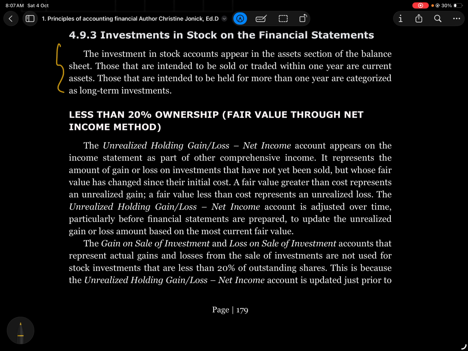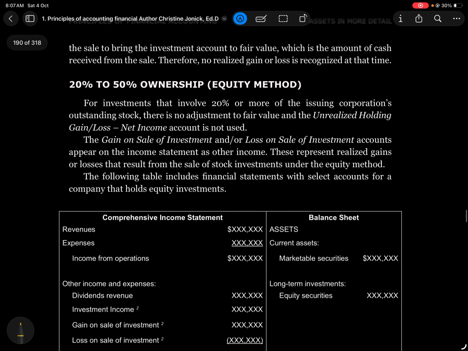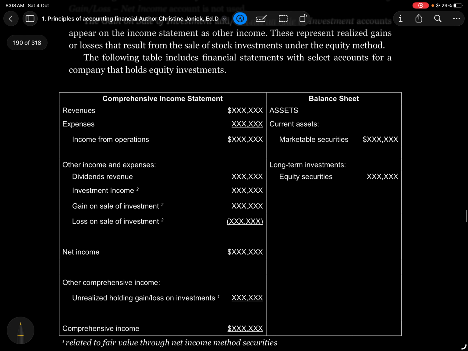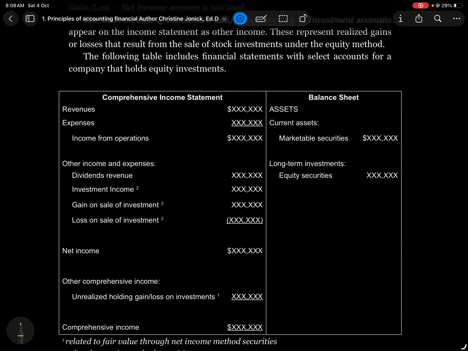Investments as well, we can classify as short term versus long term. Normally in the income statement, there is other comprehensive income, where we record all these gains or losses on investments. In current assets, we classify securities of 12 months or less, and anything more than that goes in long term.